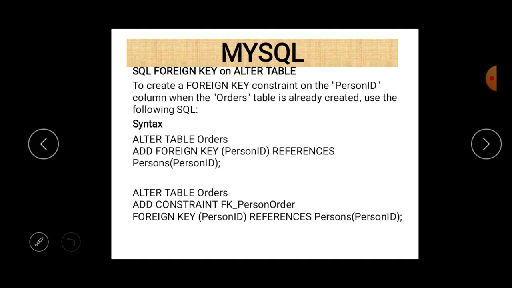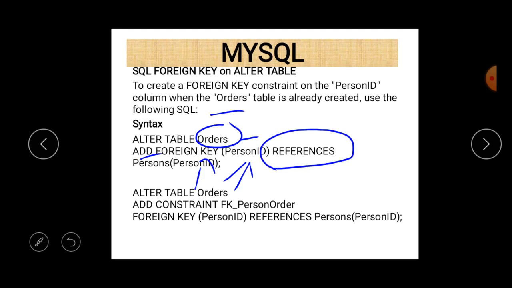Next is SQL foreign key on alter table. To create a foreign key constraint on the person ID column when the orders table is already created, use the following SQL syntax. Alter table orders, the name of the table, and then add foreign key and the name of the foreign key column in parentheses, and then references, which is a keyword, and after that we use the parent table, that is persons, and in this persons table there is a column named person ID.